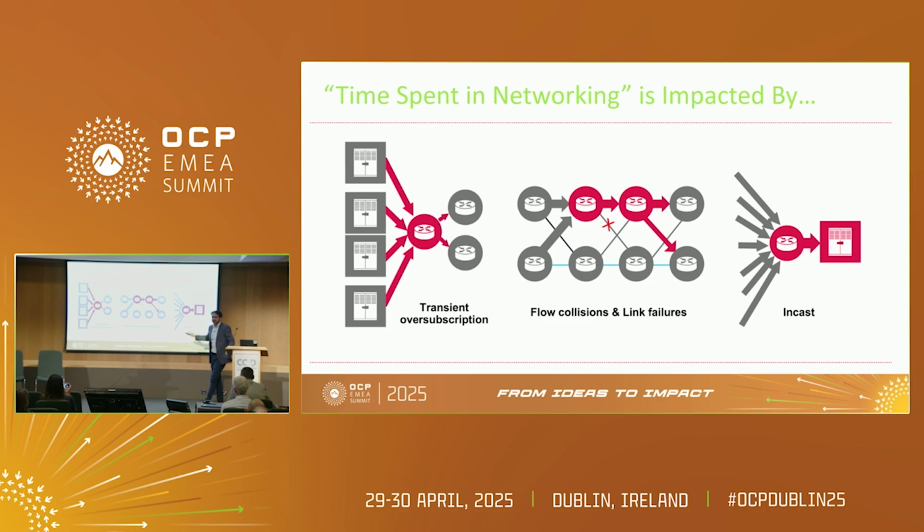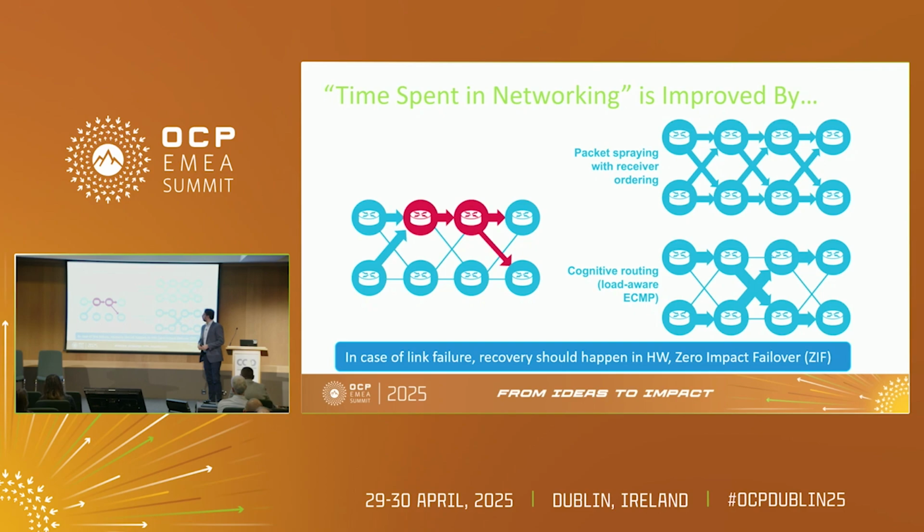So at a network level, the problems are you will see flow collisions, you will see link failures, you will see incast. And if you want to overcome these problems, for example, to overcome this flow collision problem, you need to have a very good load balancing technique. At Broadcom, we use 2 different techniques to tackle this problem. One option is that you can use a packet spraying mechanism. This is probably the best way of doing load balancing.